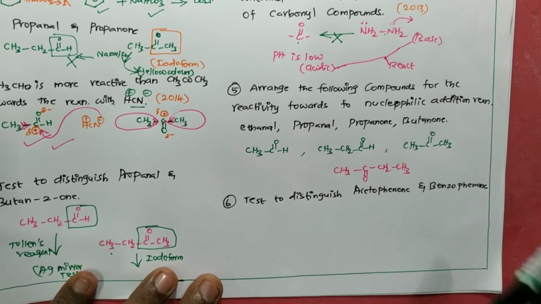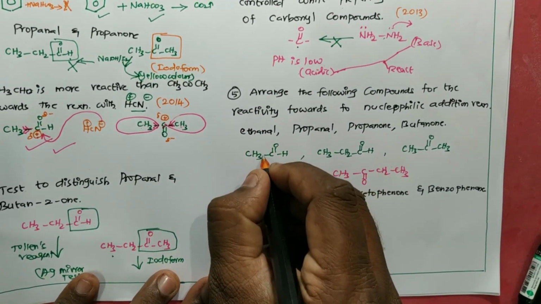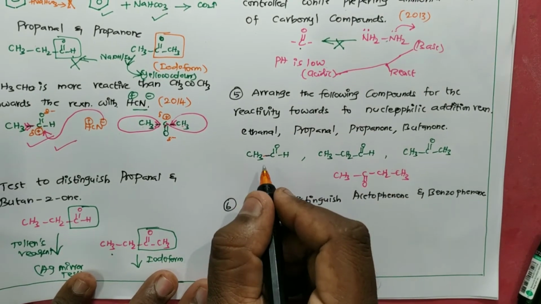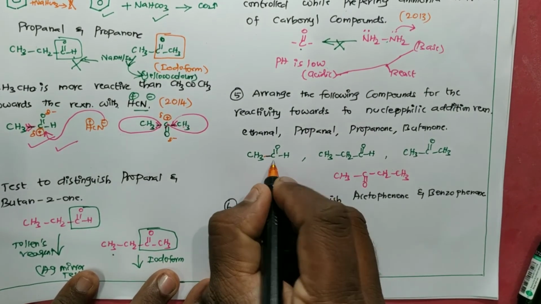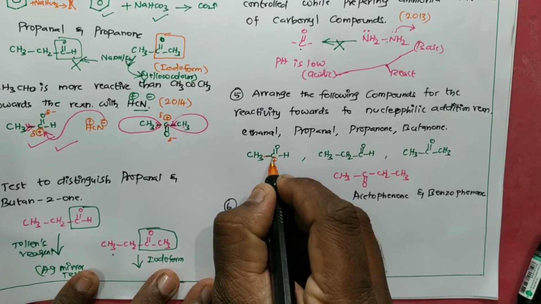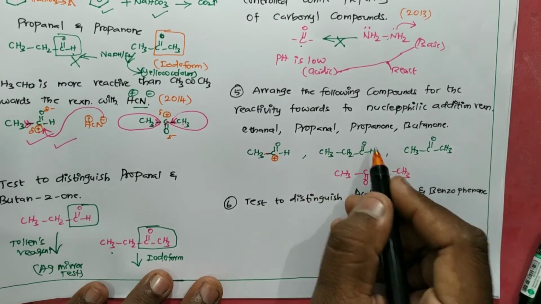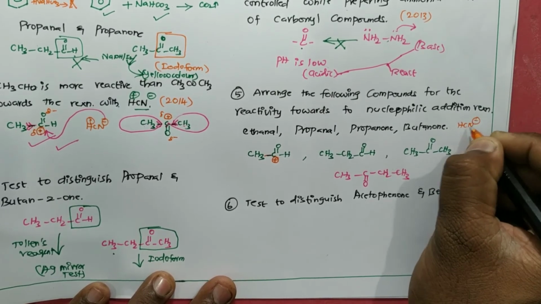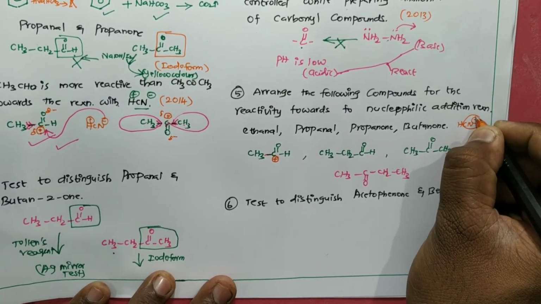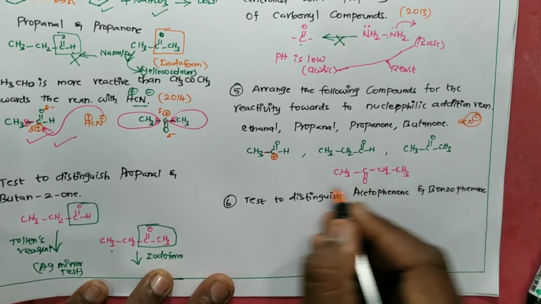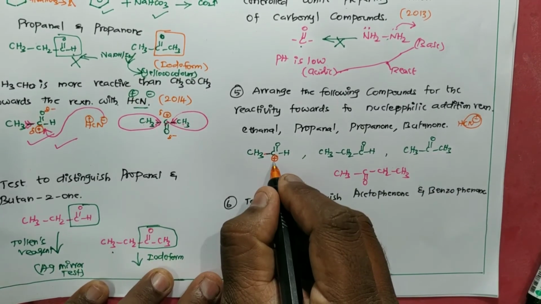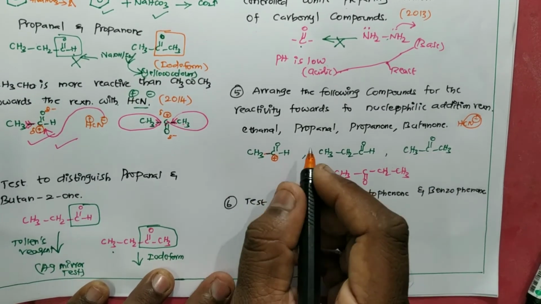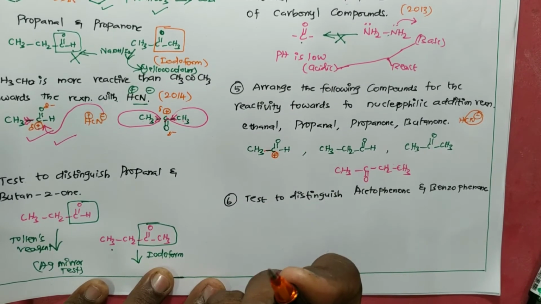Here, we will be very clear. Nucleophilic addition reaction will happen if the positive charge is maintained, because if I am taking HCN or KCN, the CN minus will act as a nucleophile. The nucleophile wants to come and attack a positive charge. If the positive charge is not maintained, the reactivity is very less.